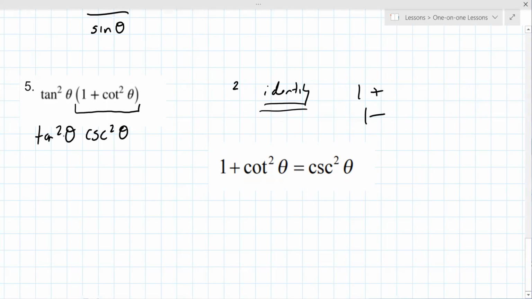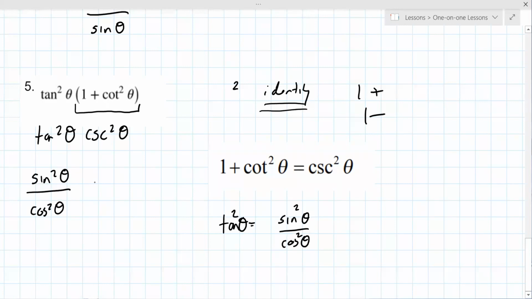So now let's write these in terms of sine and cosine. Tangent is sine over cosine, so if you square it, that's sine squared theta over cosine squared theta. And cosecant squared theta is 1 over sine squared theta, so this is times 1 over sine squared theta.